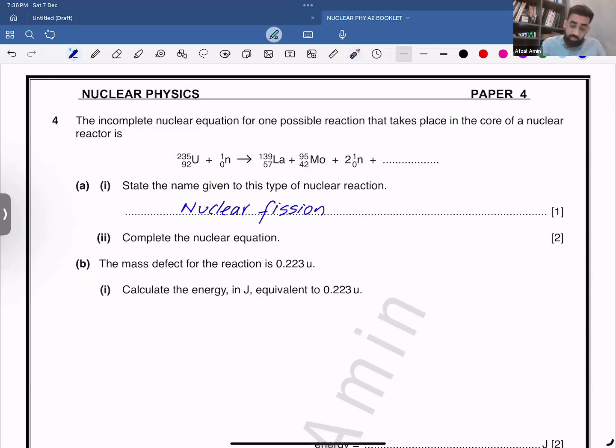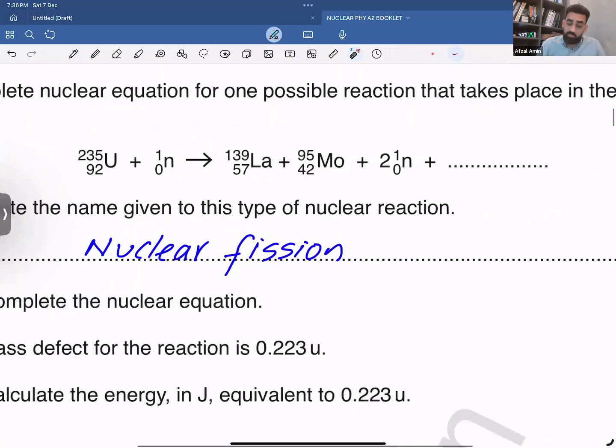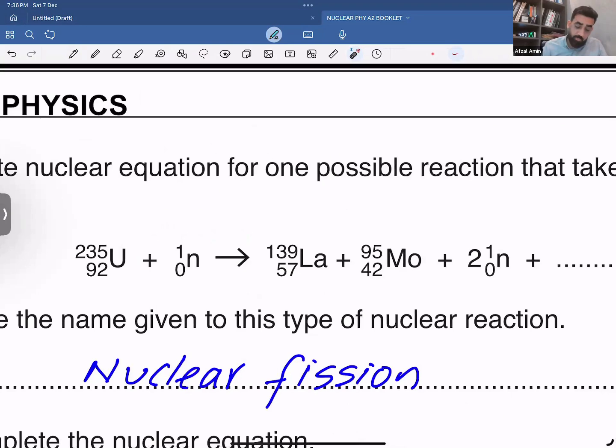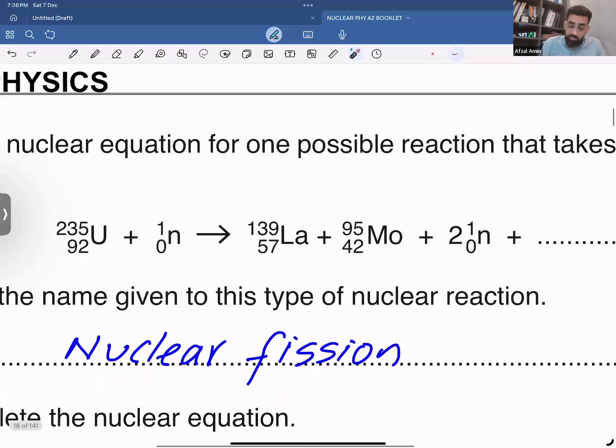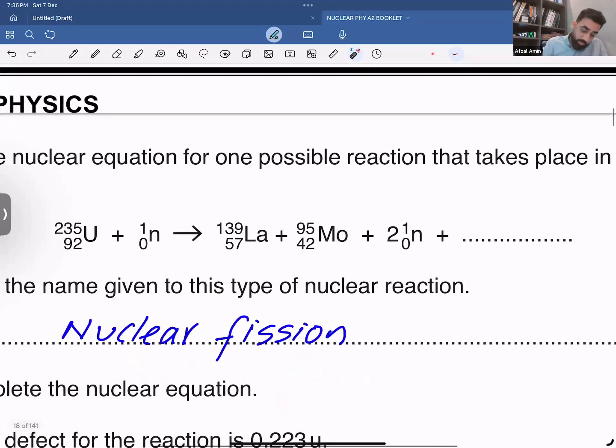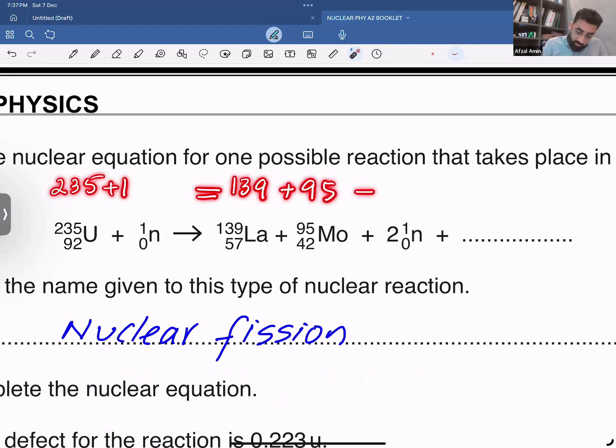Complete the nuclear equation. Now they're asking you to complete the equation. In order to complete the equation, I told you last time, you balance the nucleon numbers and proton numbers. If you talk about nucleon numbers, 235 plus 1 should be the same as 139 plus 95 plus 2 plus x, which we don't know. You solve this equation and check what is the value of x.